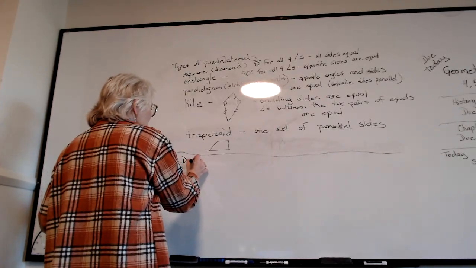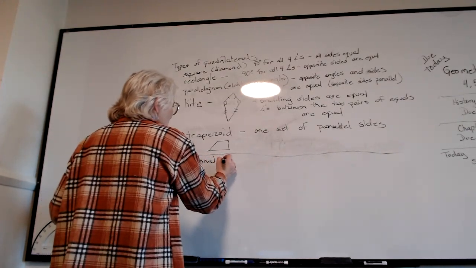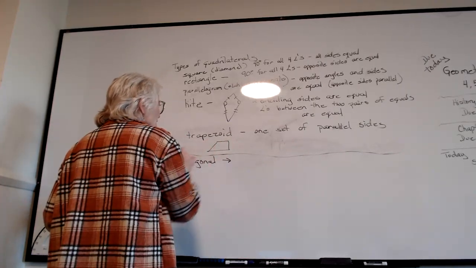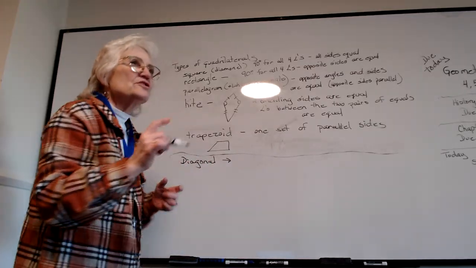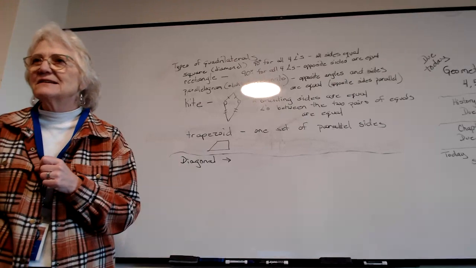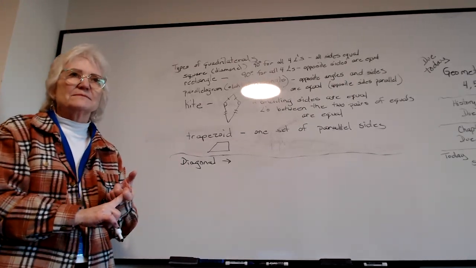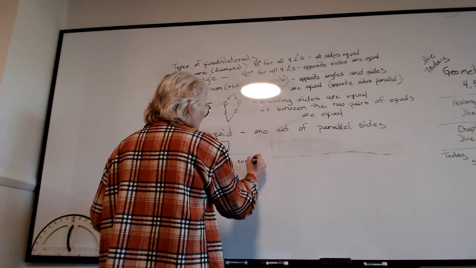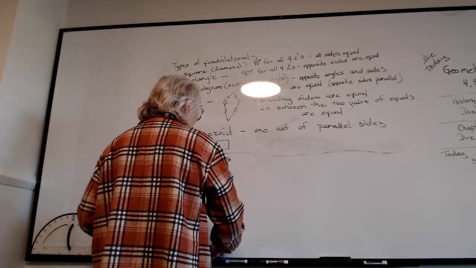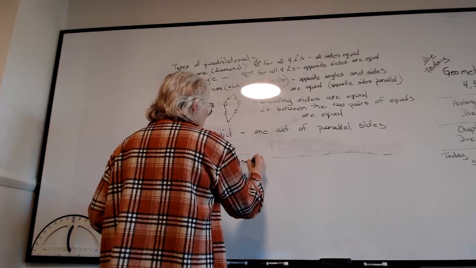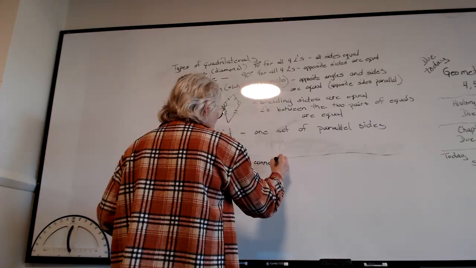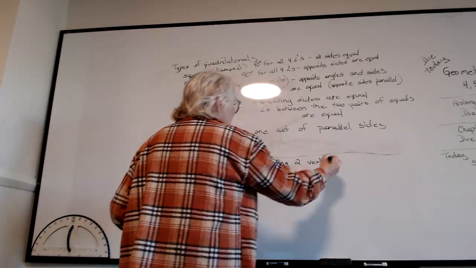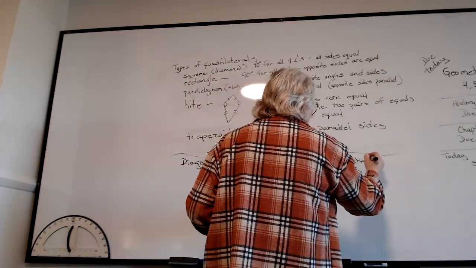A diagonal is the line connecting two vertices that are non-adjacent.